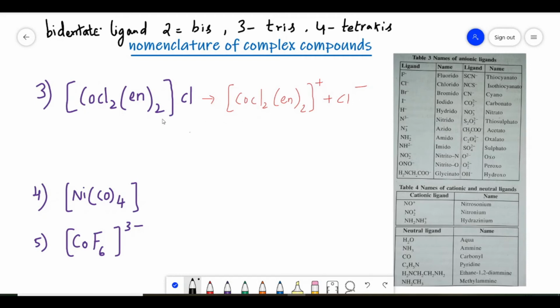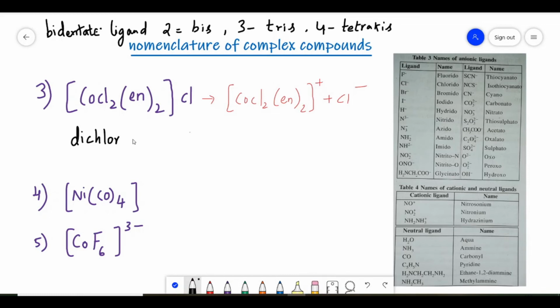Now in this example, this is chloro, so we have to follow alphabetical order also. Here there are 2 chloro, so you can write this as dichloro.